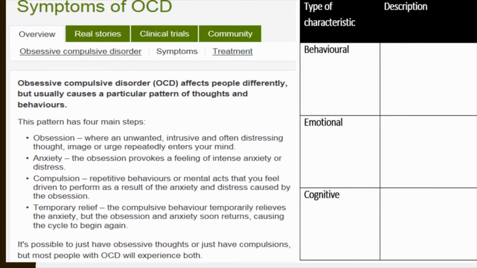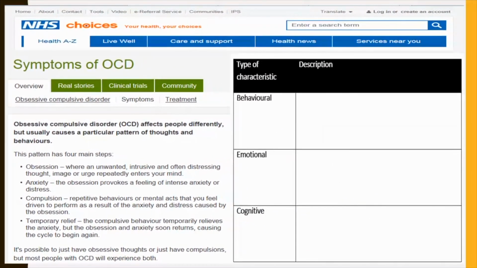So for OCD, they are trapped in this cycle. Obsessions leads to anxiety, the anxiety leads to compulsion, and those compulsions for most people will result in a temporary relief. So we need to know how those symptoms match up to our 3 categories. So I want you to complete now your little table at the bottom of page 2 with the information that I'm giving you here.